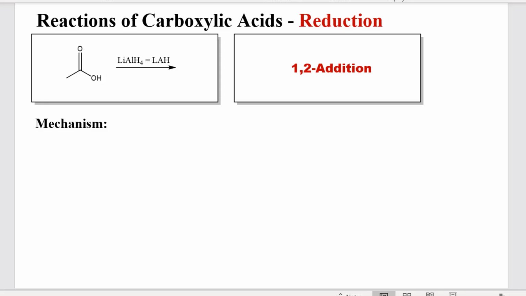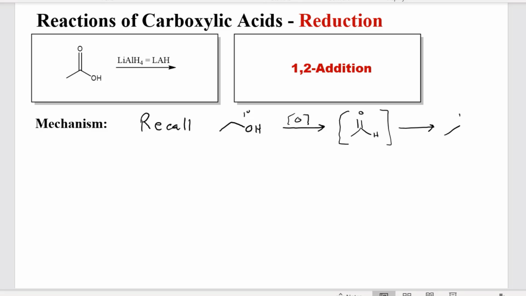What I want you to recall is that a primary alcohol can get oxidized under really strong conditions, goes through the intermediary aldehyde, and it just keeps going and gets oxidized further to the carboxylic acid.